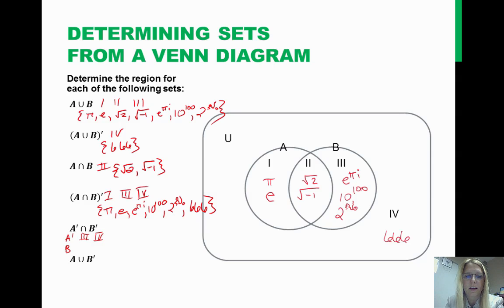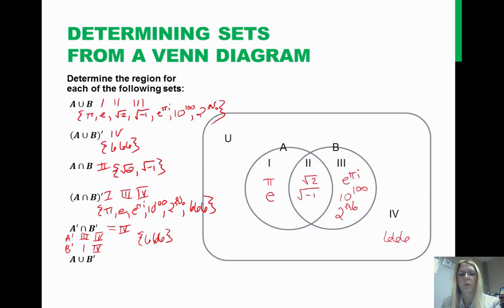What is in B not would be in region 1 and 4. So therefore, the two of them together would just be region 4. That's what they have in common. So in this case, the only thing we'd have in this set is 666.